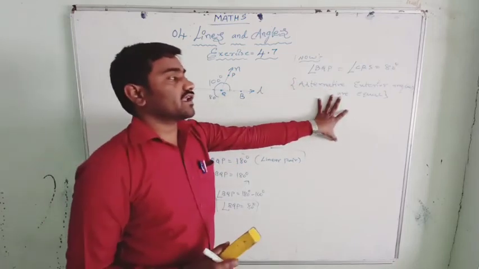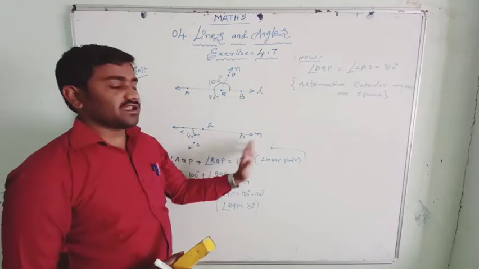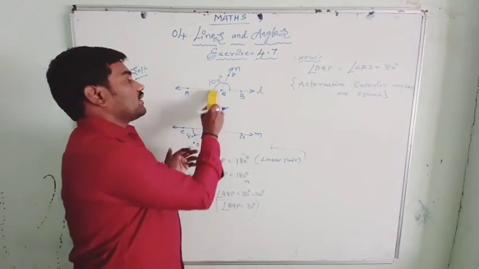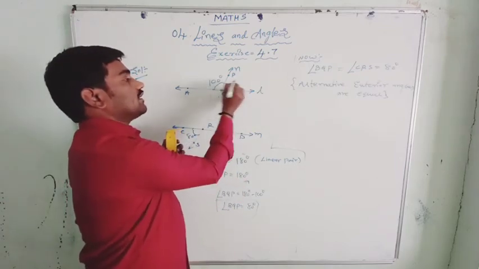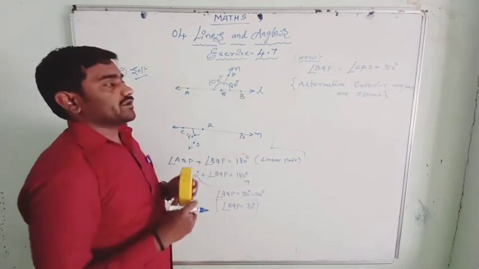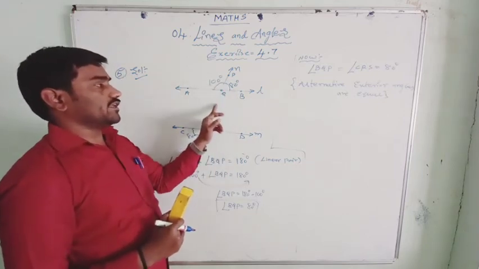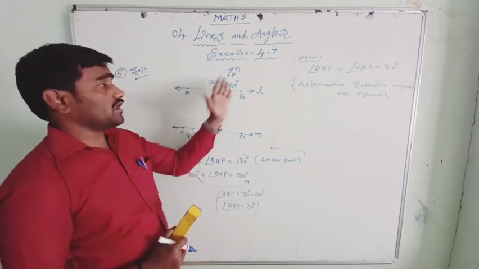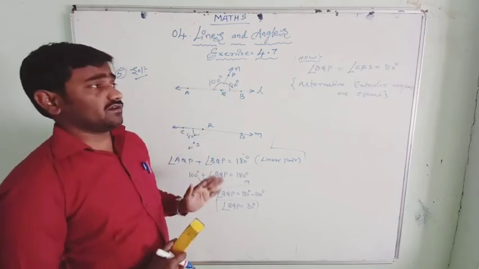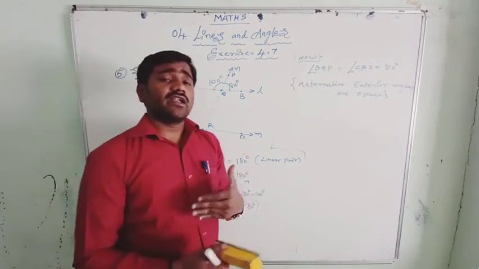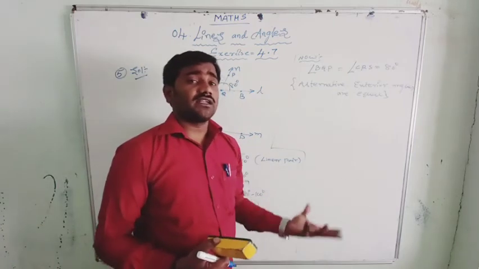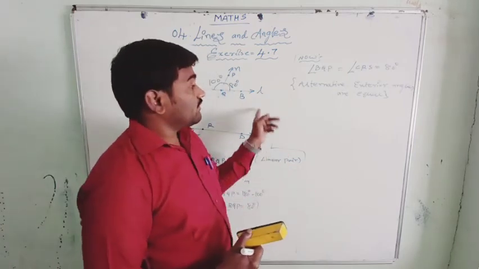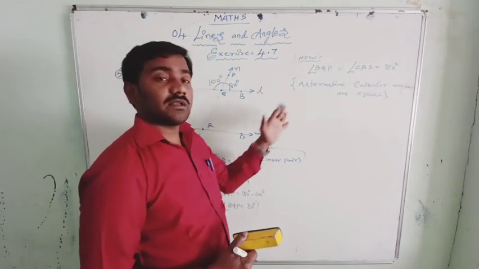According to the corresponding angles, we can say L is parallel to M. Whether alternate interior, alternate exterior, or corresponding angles are equal, they are equal only when two lines are parallel.